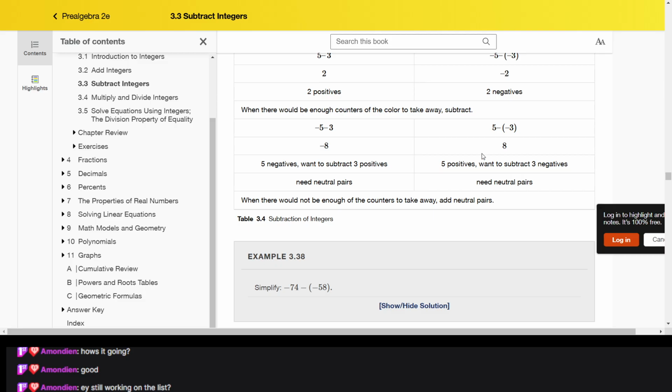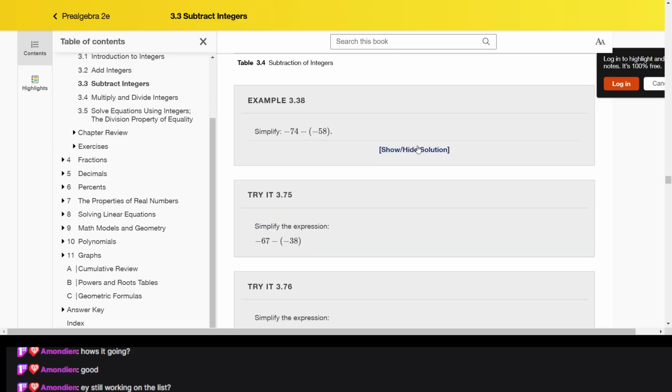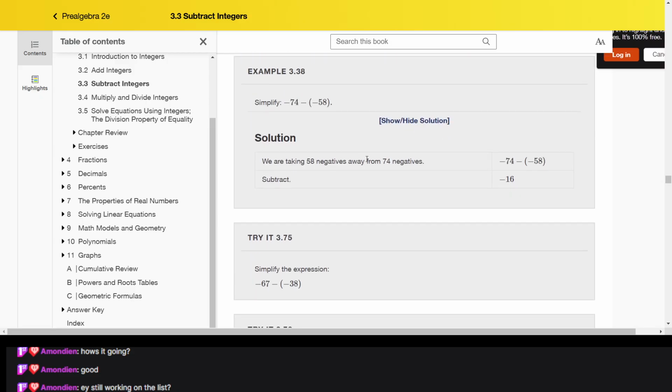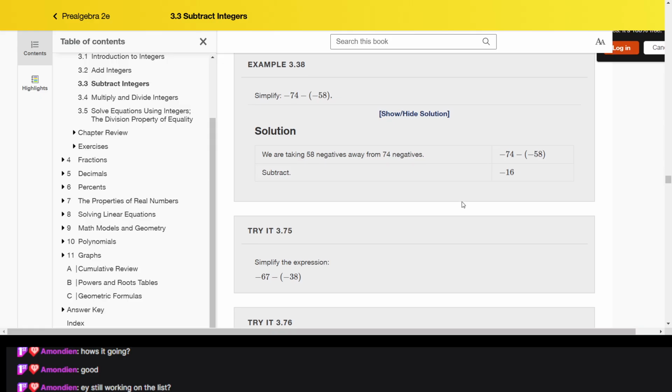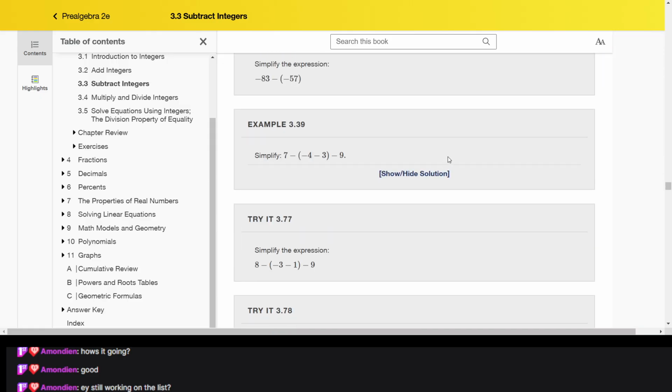Subtract two negatives. Pairs. Take away 58 negatives from 74 negatives. Subtract. Expression.